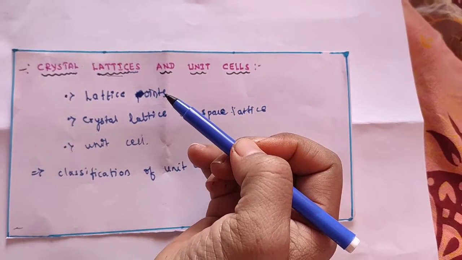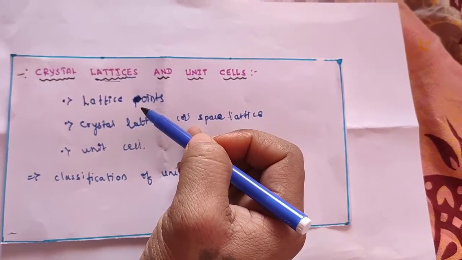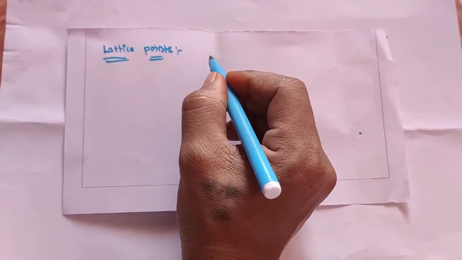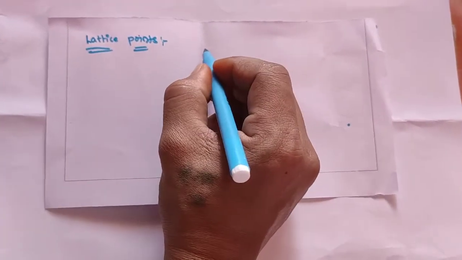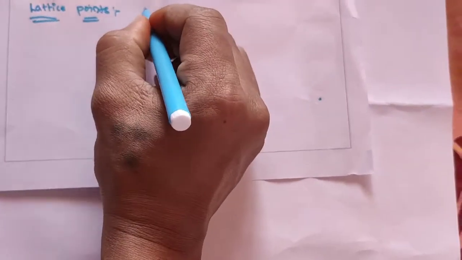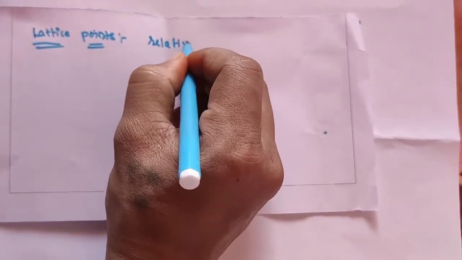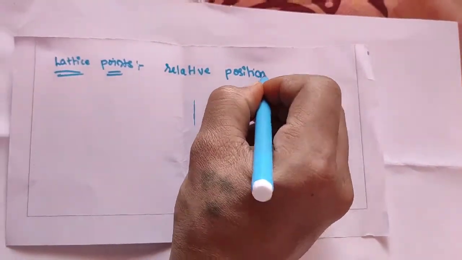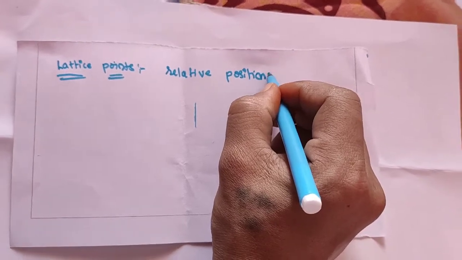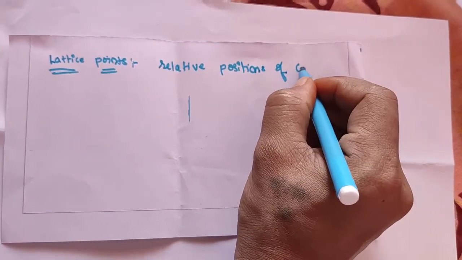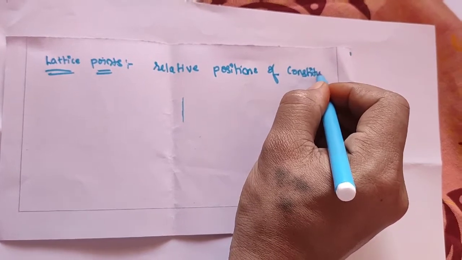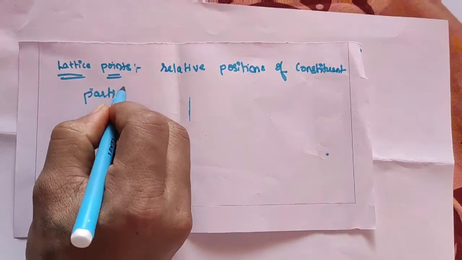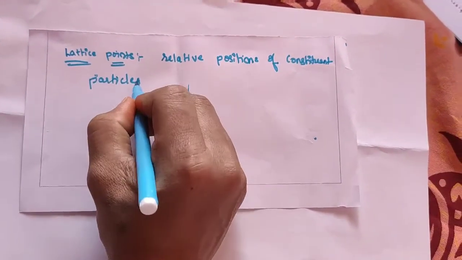First we will know about them one by one. First one, lattice points. Here lattice points are the points that indicate the relative position of constituent particles.